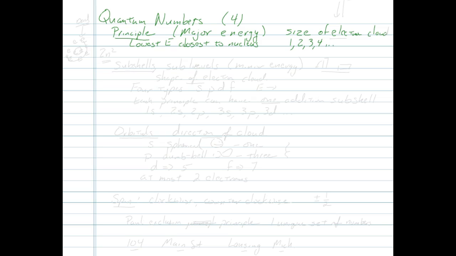It makes the lowest energy closest to the nucleus, and the value of the variable is 1, 2, 3, 4, ... You can go all the way up to infinity. Of the 118 elements we have, you only need 7, 1 through 7.